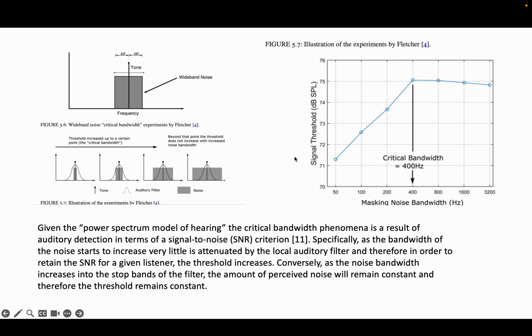So as you increase the bandwidth of what we'll call your masking noise, you must increase the signal intensity in order to be able to hear it. This is what's being referred to as the signal threshold. That situation continues until the critical bandwidth reaches a point where you no longer have masking occurring at the frequencies that are on the lower and upper end of the bandwidth of the noise.